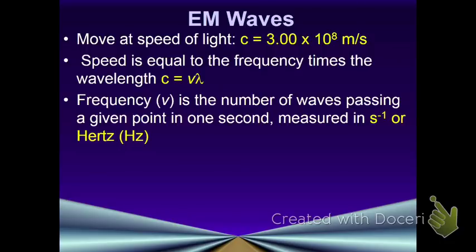But anyway, frequency is the number of waves passing a given point in 1 second, and we measure that in seconds minus 1, or hertz, or sometimes you can even see it as 1 over second. So sometimes you'll see it like that.